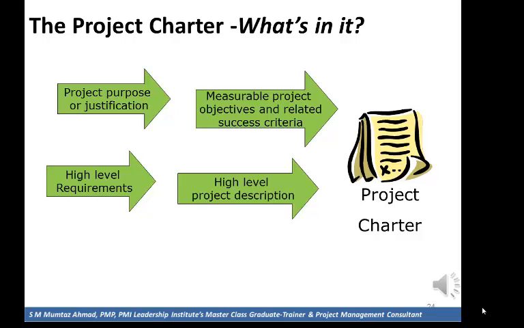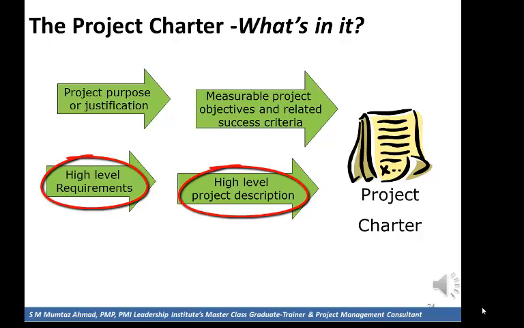Some of the topics which may be dealt with in the project charter are project purpose or justification, measurable project objectives and related success criteria, high-level requirements, high-level project description.